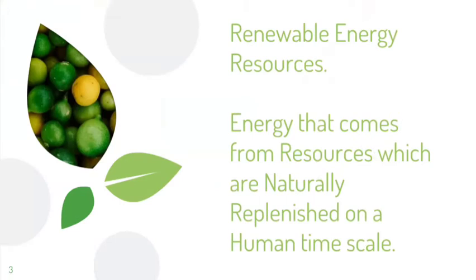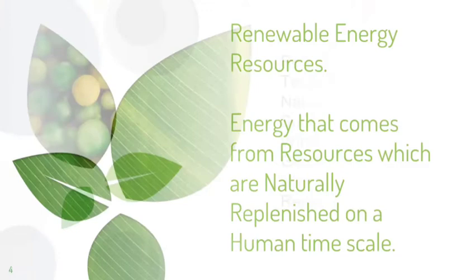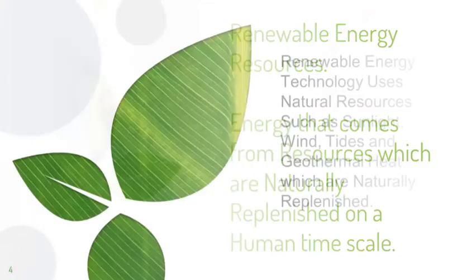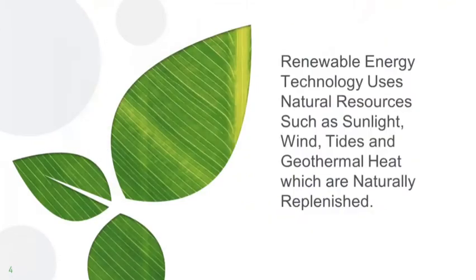Renewable energy resource means energy that comes from resources which are naturally replenished on a human time scale. Renewable energy technology uses natural resources such as sunlight, winds, tides, and geothermal heat, which are naturally replenished.